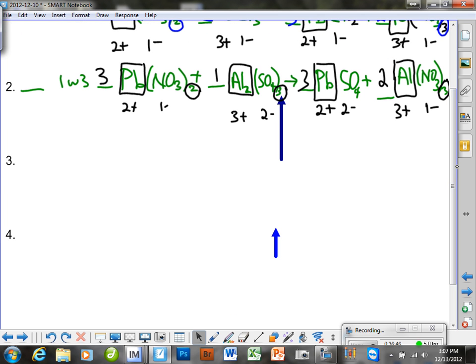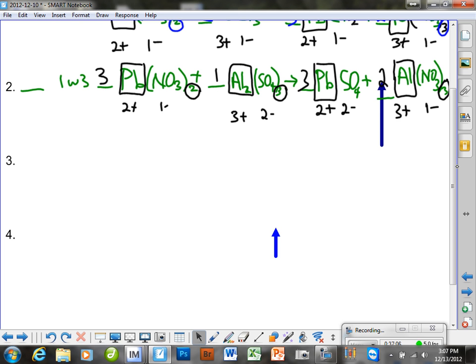Okay. If you look over here, you see 3 leads. Over here, you see 3 leads. Aluminum 2, right? Because the coefficient is 1. And here, aluminum is 2 because the subscript is 1 and the coefficient is 2.